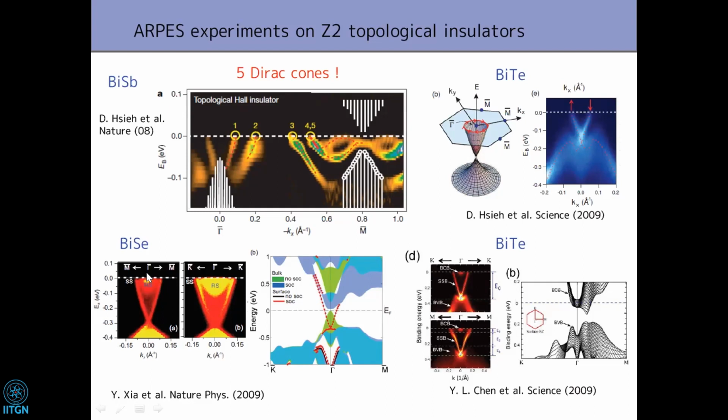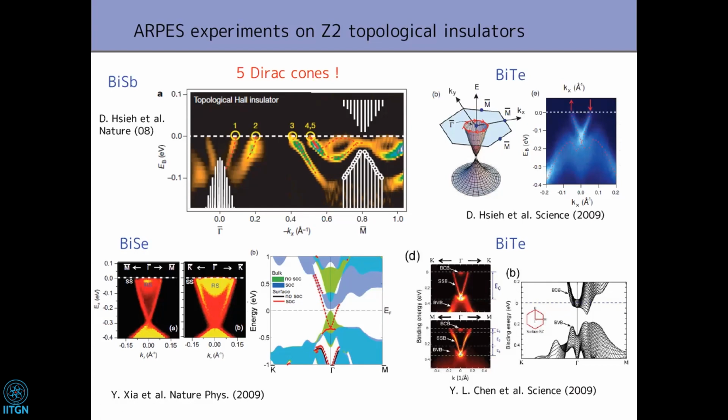So this is, for example, the picture of a Dirac cone which goes from gamma to M and here from gamma to K. So this is another picture. These pictures are reconstructed from ARPES data by reconstructing the position of the kicked out electron from the Fermi surface bit by bit. So this clearly shows these Dirac-like bands for these topological insulators.